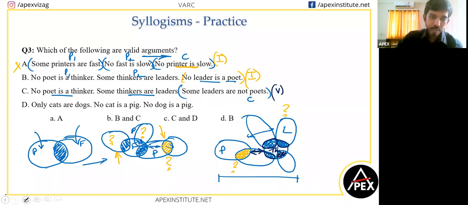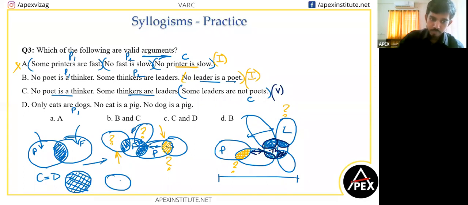Okay. And your last one. Only cats are dogs, which means A equal to B. The circle is the same. Cats equal to dogs. All the elements in this circle are both cats and dogs. And this is premise 1. If no cat is a pig, that means pig is a separate circle.